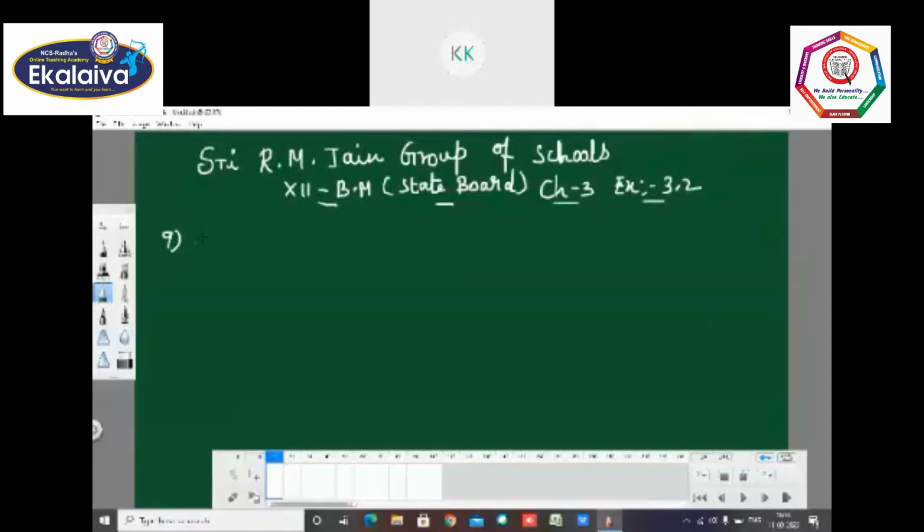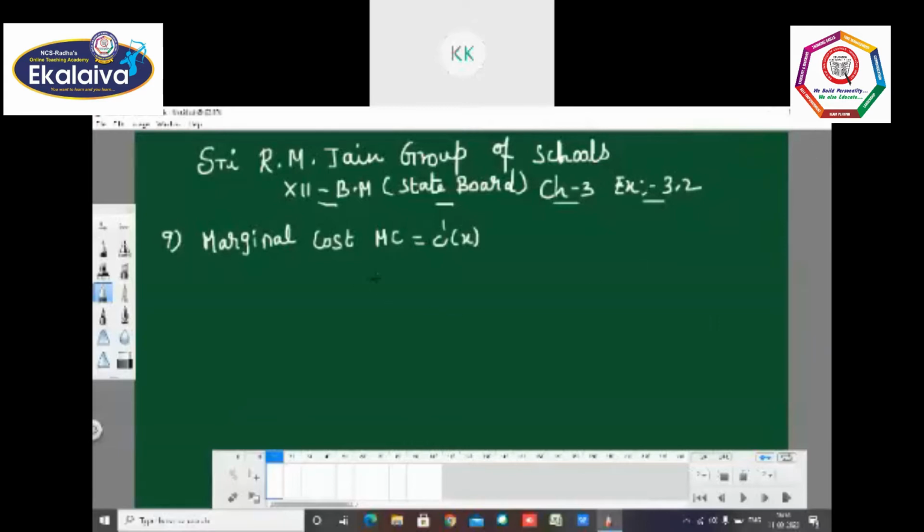Marginal cost, MC. What is the meaning of that? Marginal cost MC equals C dash of x. What is the C dash? Dash means derivative.